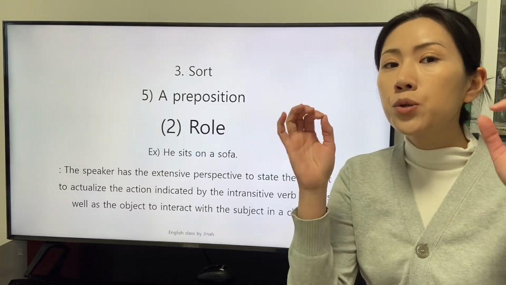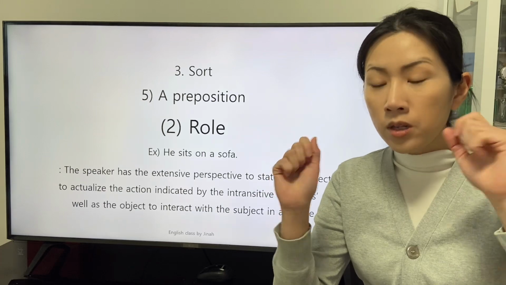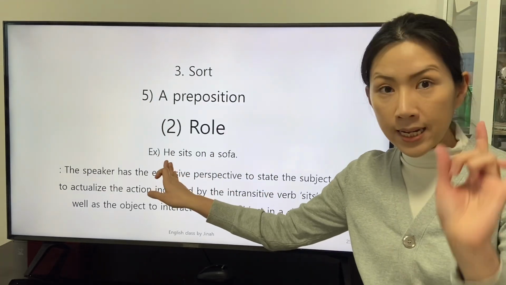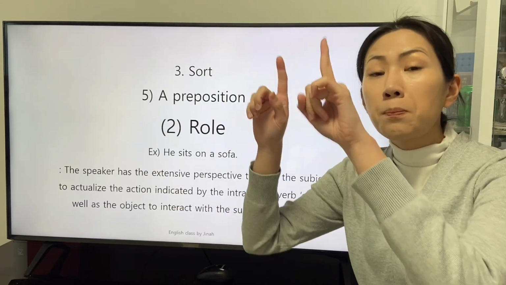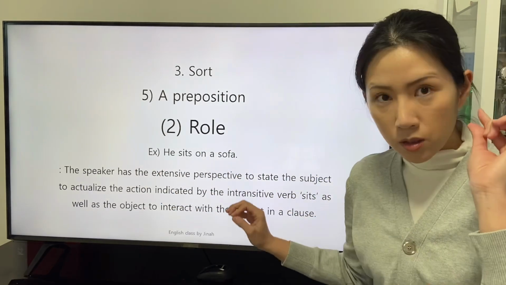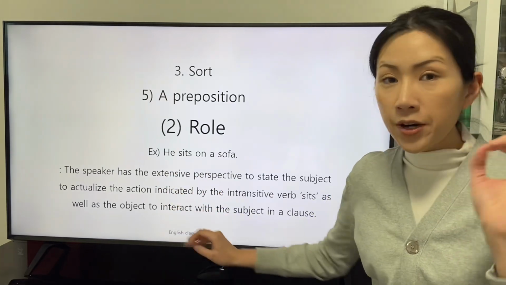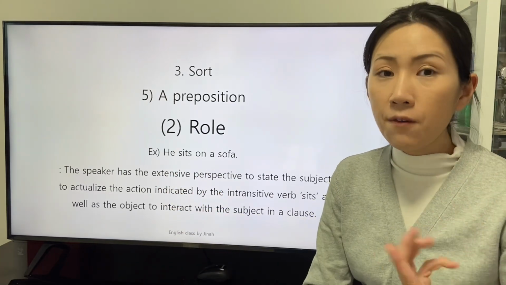The speaker who wants to enlarge the perspective to the subject, he, and the place where he sits, applies the preposition on. There is a clause. He sits on a sofa.